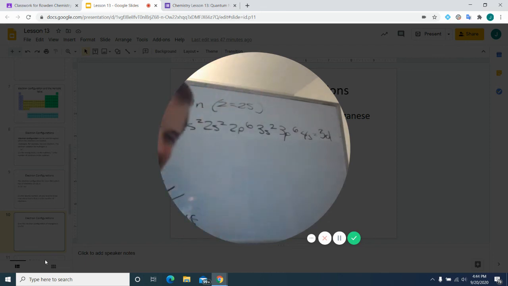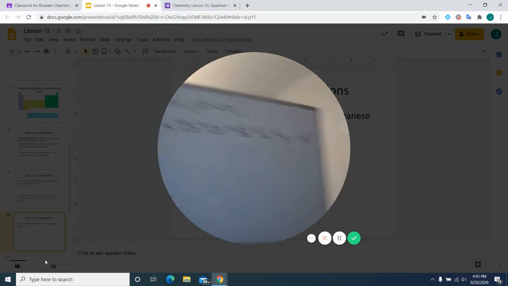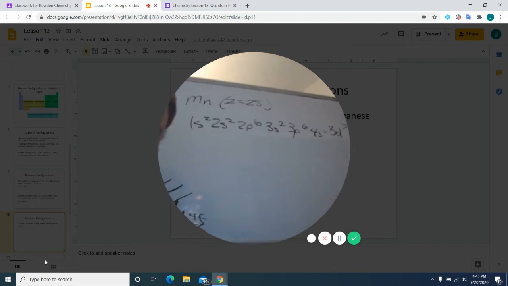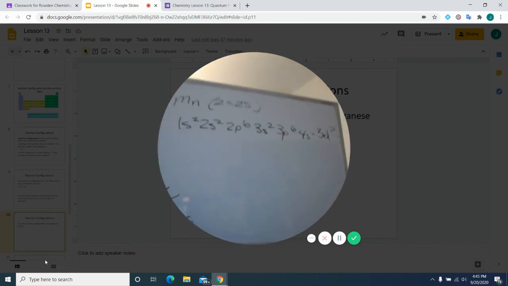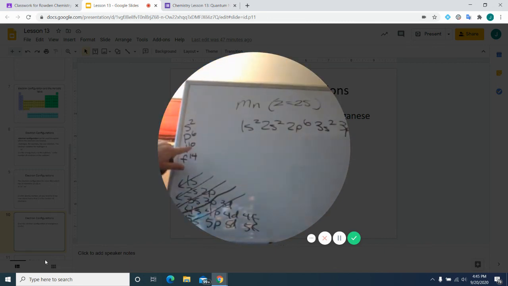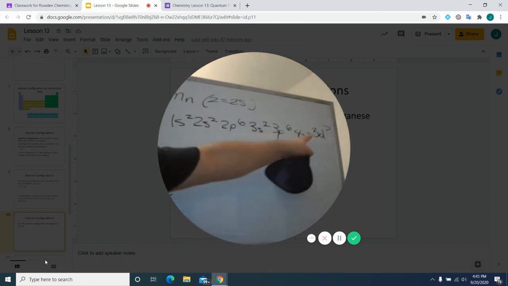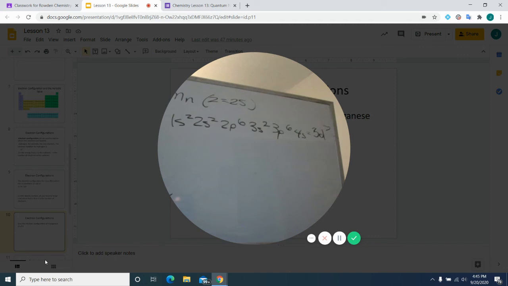So you're at 18. How many more puts you at 25? Well, that would be 7. So this right here is going to have a 7. Now look at how this reads. D can go up to 10, but here we only needed D to go up to 7. So that right there would be the whole electron configuration for manganese.